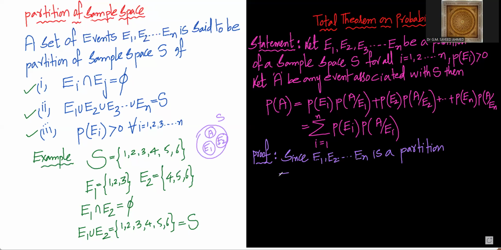This implies that if you take Ei intersection Ej, you will get an empty set. And if you take the union of all these, E1 union E2 and so on up to En, you will get your superset that is S.